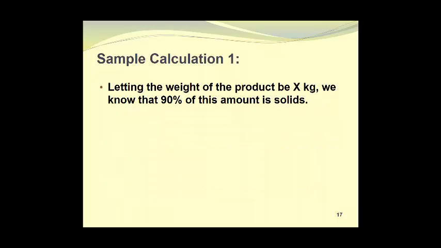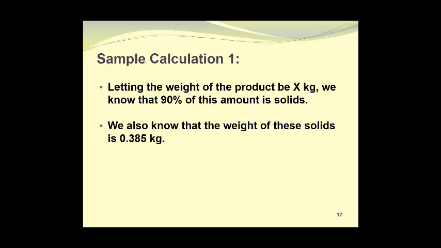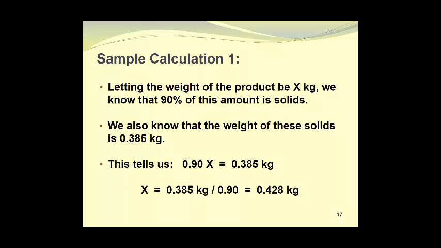Letting the weight of the product be X kilograms, we know that 90% of this amount is solids. We also know that the weight of these solids is 0.385 kilograms. This tells us that 90% of X, or 0.90X, will be equal to the weight of the solids, which is 0.385 kilograms.